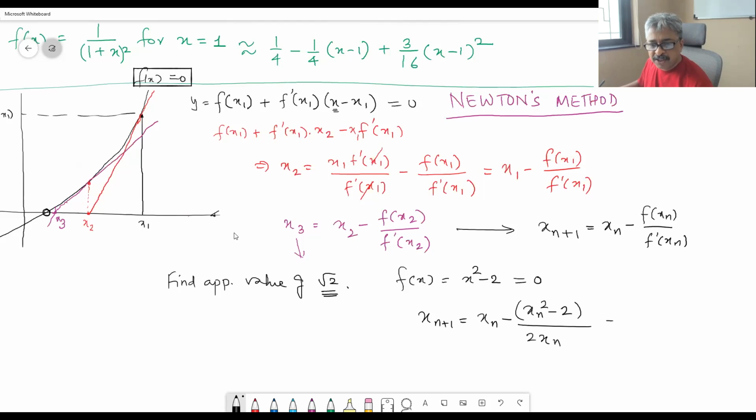So if we simplify this, we get x n square plus 2 upon 2 x n.